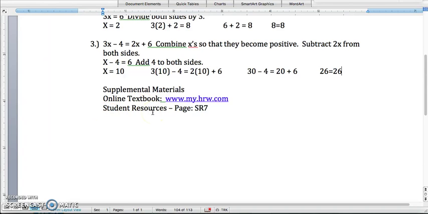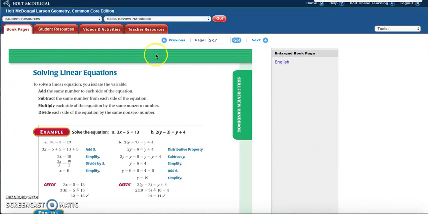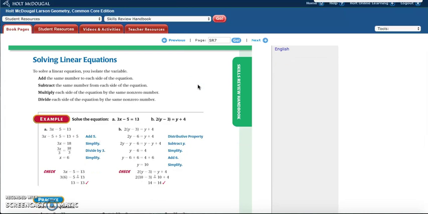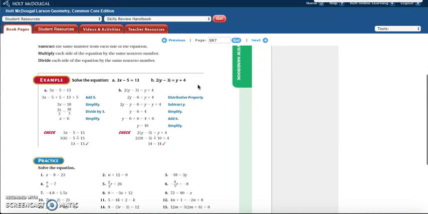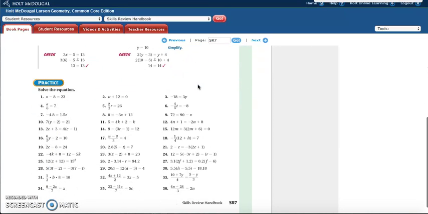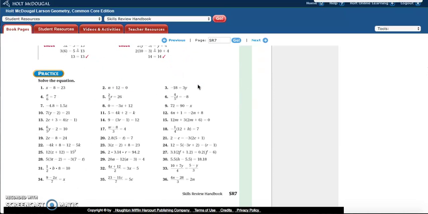SR7 will have further practice and great reminders about how to solve these 1-step equations, 2-step equations, or multi-step equations. And just in case you're curious, here is what SR7 looks like. It has a nice review of solving linear equations, a couple different types, and some practice problems below to extend your learning or practice.